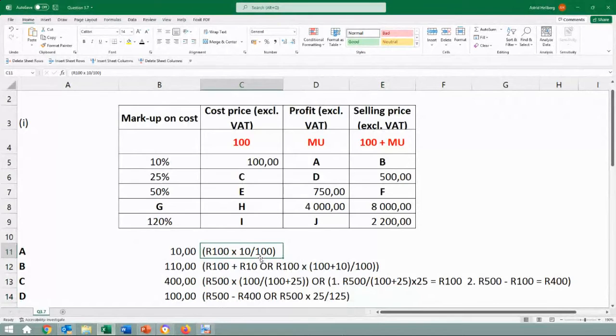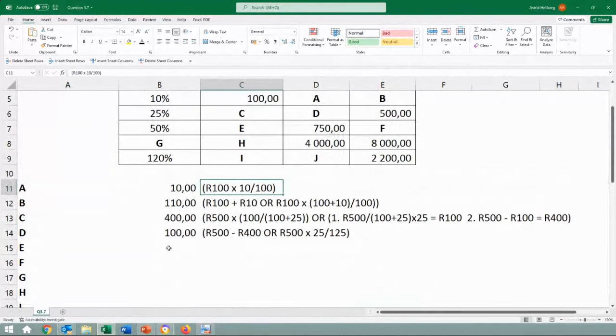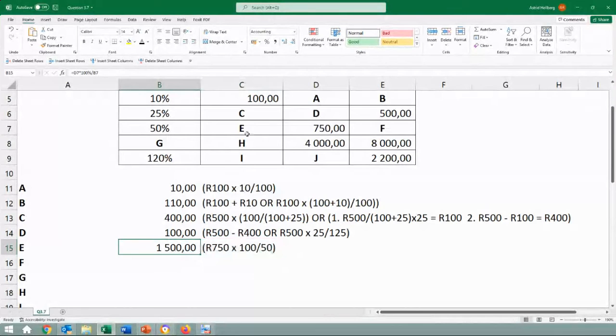Okay, let me show you what I'm talking about. Okay, so the answer is 1,500. Now, because the 750 is 50%, that is 50% profit based on this amount.